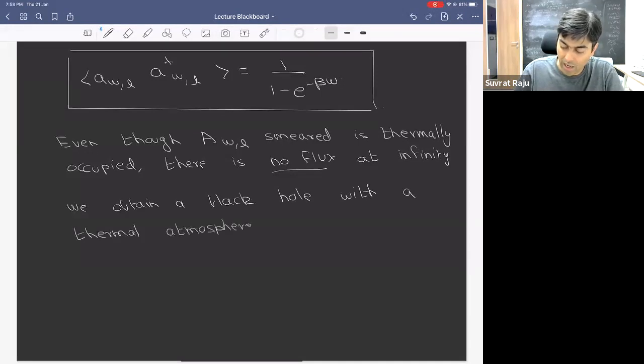Okay, and once again, the fact that this A omega L is thermally occupied can be turned into some statement about the 2-point function of operators near the boundary.